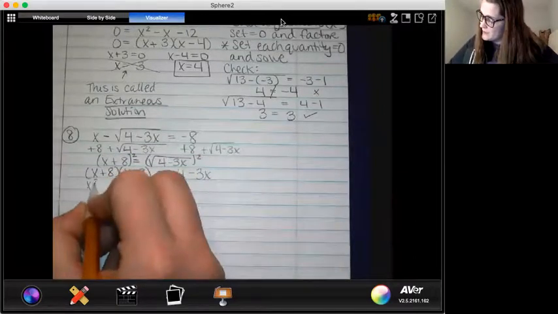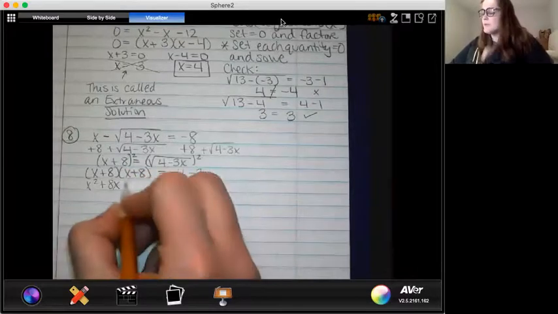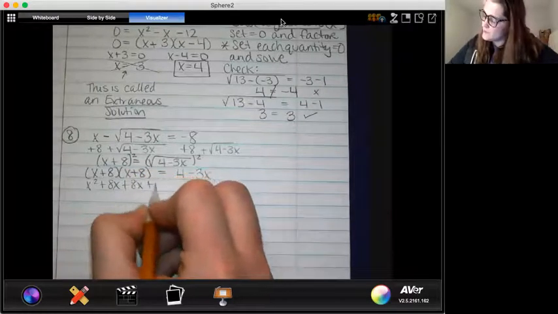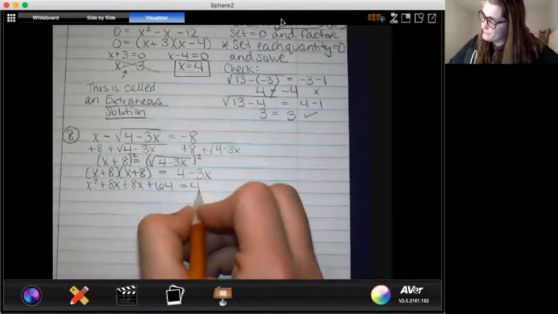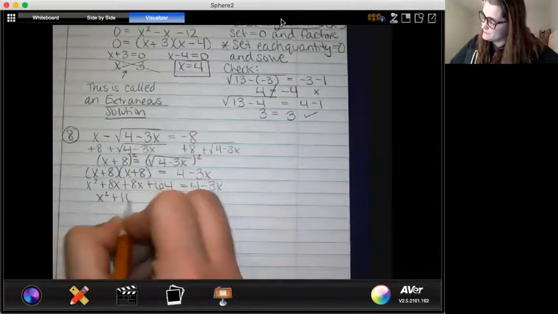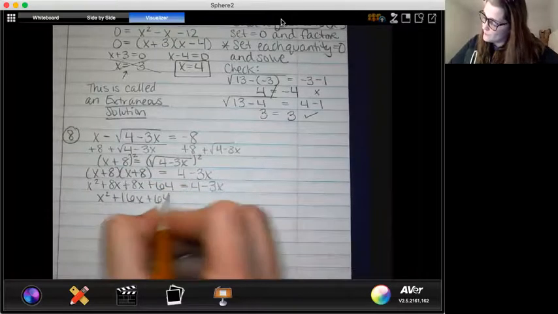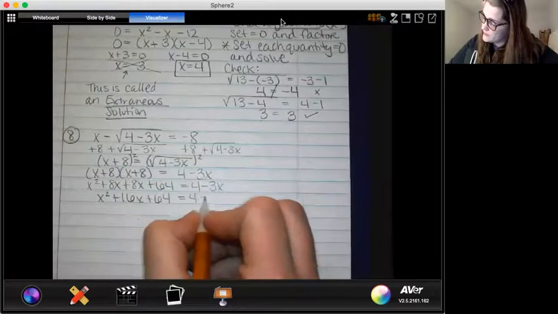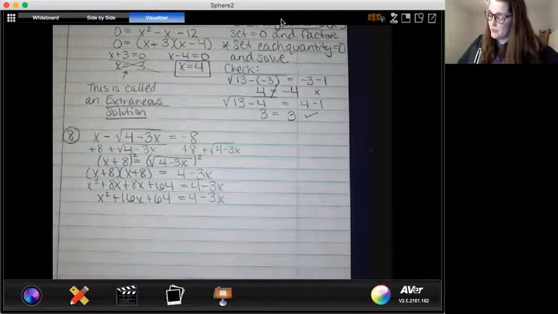X squared plus 8x plus 8x plus 64. Combine like terms. We get x squared plus 16x plus 64 equals 4 minus 3x.